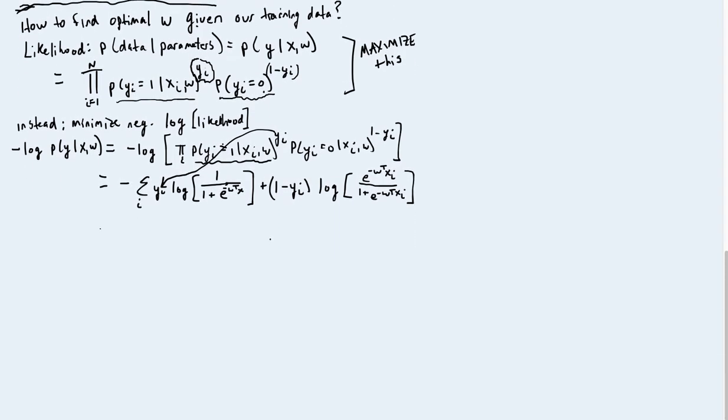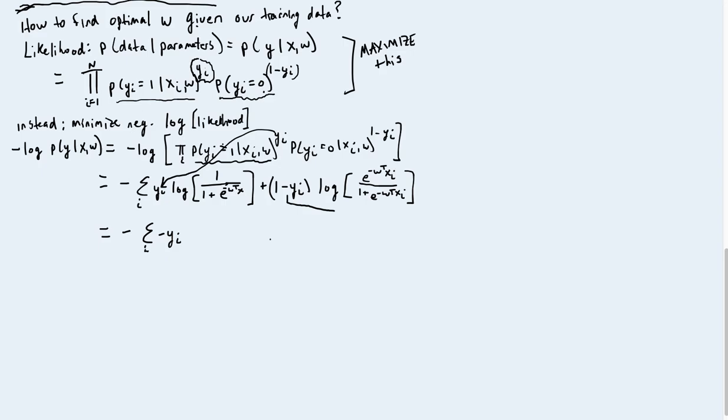So let's keep going. Let's actually simplify this even further, and that's equal to negative, I'm going to write negative yi. I'm going to do some distributing here. So I'm going to take this guy multiplied by that.